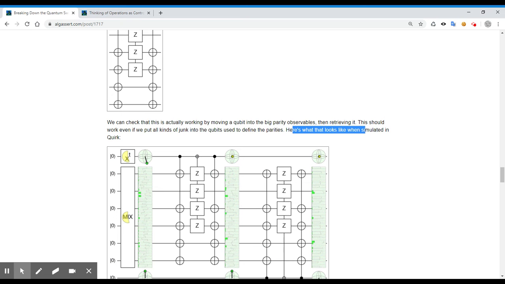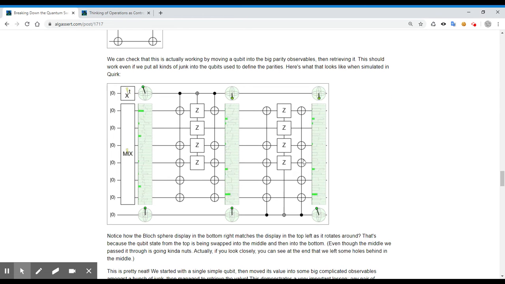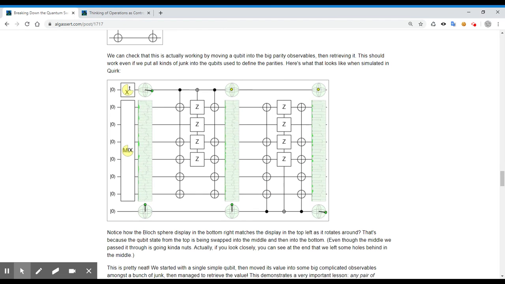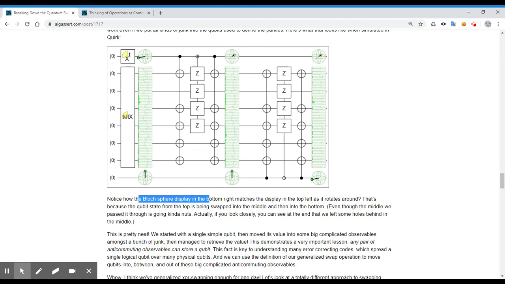Here's what that looks like when simulated in Quirk. So we've got here the parities. Notice how the blocks displayed at the bottom right match the display at the top left, and it rotates around.